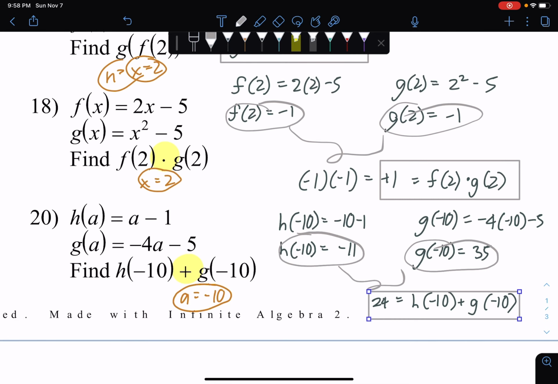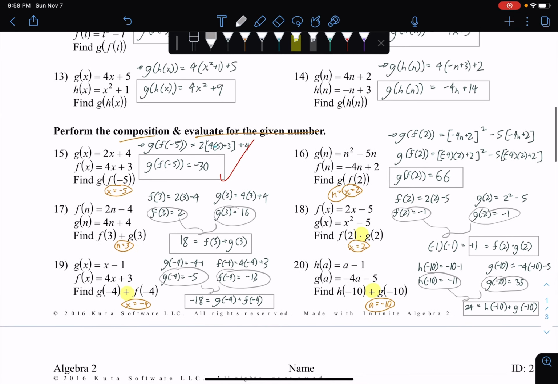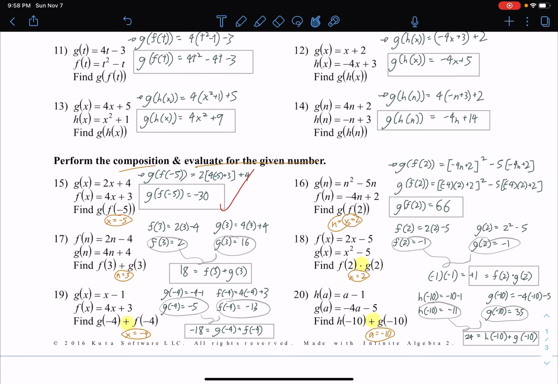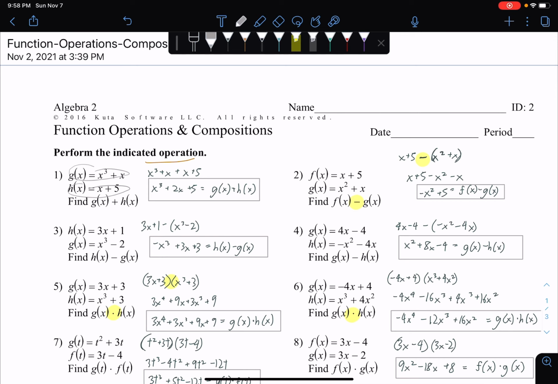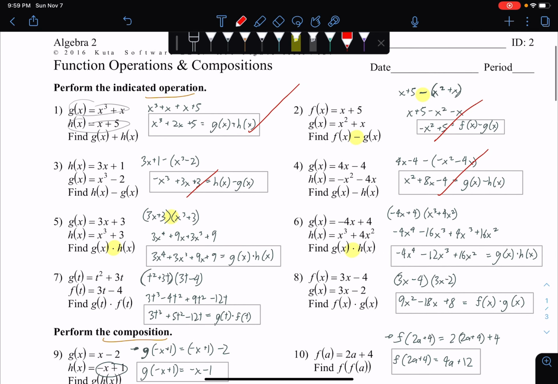Right, we finished the worksheet. I'll be checking it right now so that you can be rest assured for the entire worksheet. Let's go back to number 1. Number 1, x cubed plus 2x plus 5, correct. Negative x raised to 2 plus 5, correct. Negative x raised to 3 plus 3x plus 3, correct. x raised to 2 plus 8x plus minus 4, correct.